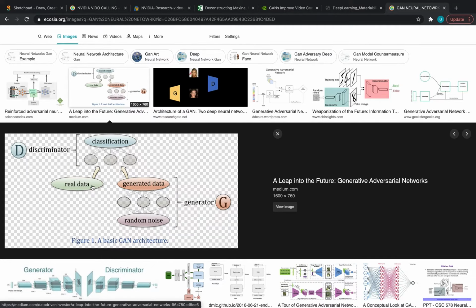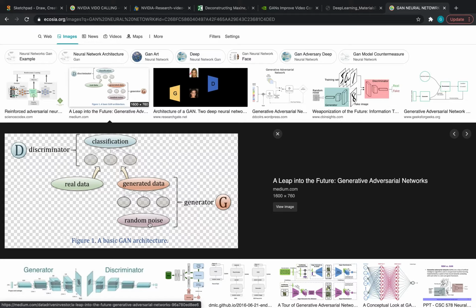Over time it gets better and better at telling real pictures from the fake picture sent from the generator. But then the generator looks at how the discriminator detects the real data and figures out the fake data, and it gets better.